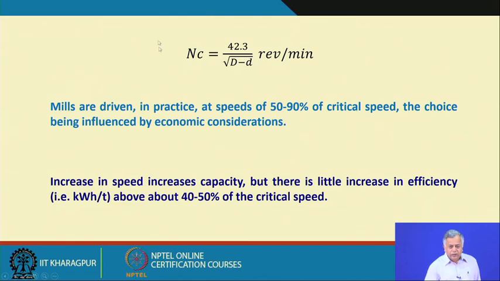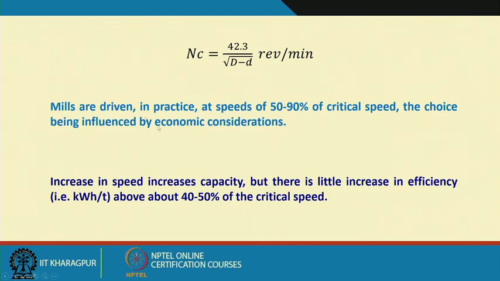So, that is the maximum limit up to which my mill should be rotated, because if you operate the mill beyond the critical speed, the material will never abandon its path and will start rotating along with the entire mill surface.